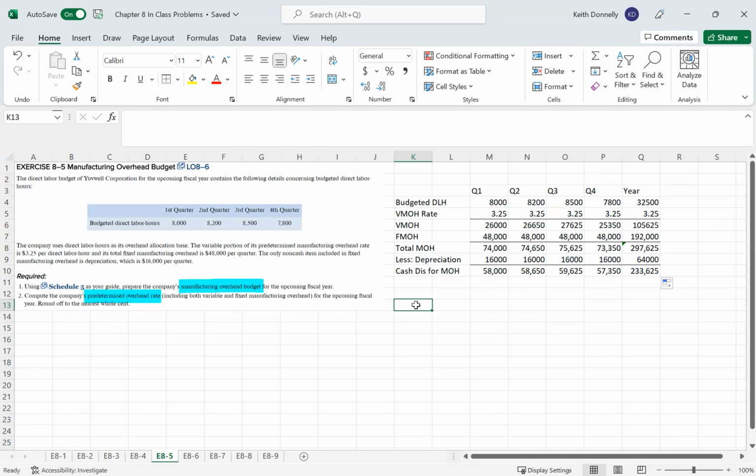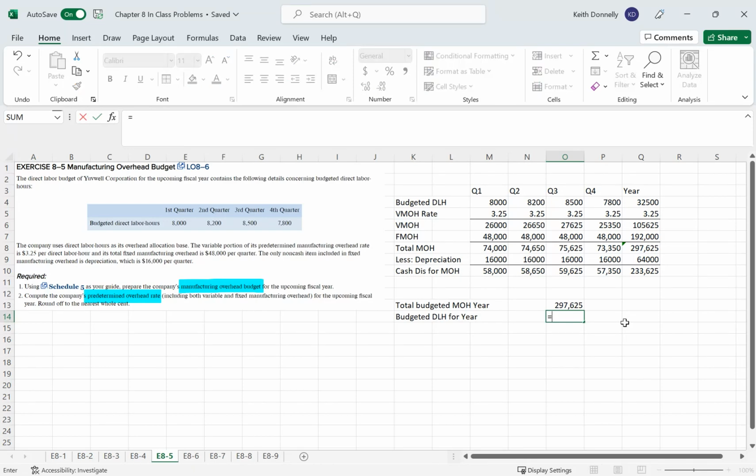They then want to know and help us calculate our predetermined overhead rate. All right, so we're going to have our total budgeted manufacturing overhead for the year. In this case, that's going to be our total manufacturing overhead for the year. And then we're going to have our budgeted direct labor hours for the year.